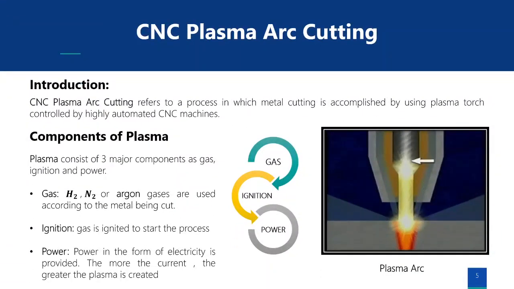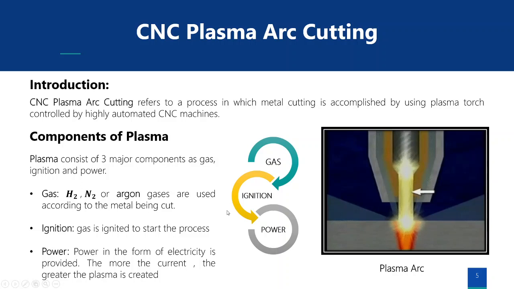CNC plasma cutting refers to a process in which metal cutting is accomplished by using a plasma torch. The plasma torch is the main tool used in CNC plasma cutting machines, and this tool is controlled by highly automated CNC machines. These are the three components of plasma: gas, ignition, and power.